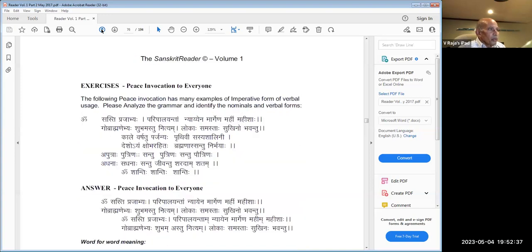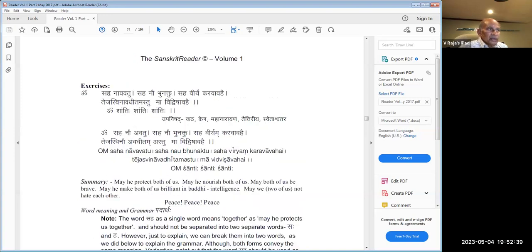Okay, I took the basic Sahana Vavatu, Sahanau Bhunattu, Sahaviryam Karavavahai, Tejesvinavadhitamastu, Mavidvishavahaihi. And getting the verb in a lot and vidhiling form is very simple. You derive the base as we derive for the lat, and add a different pratyaya.